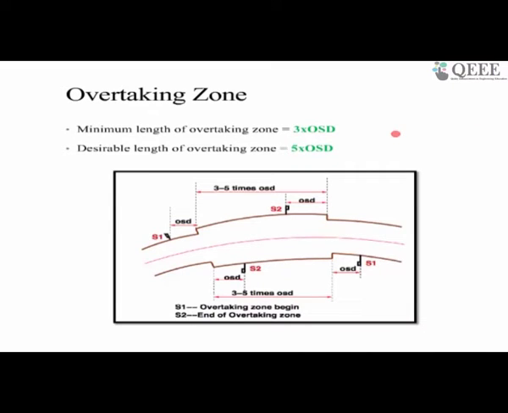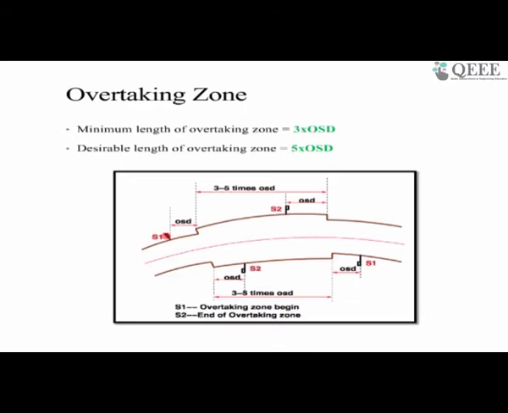Now, how to consider this in the zone? If we cannot provide overtaking sight distance everywhere, we need to provide certain zones where overtaking could be allowed. As per IRC, the zone should be a minimum of 3 times the overtaking sight distance and a maximum of 5 times the overtaking sight distance.